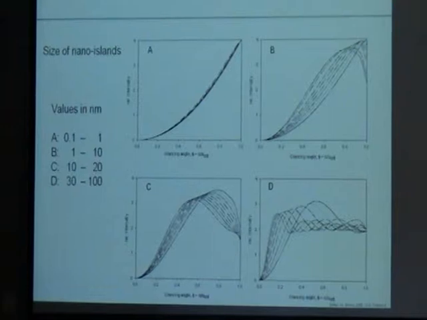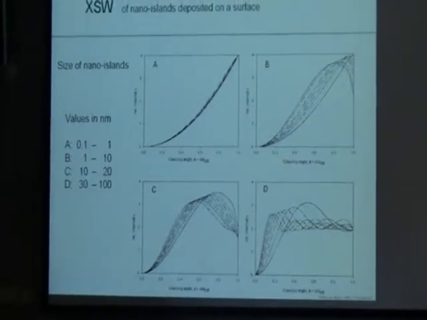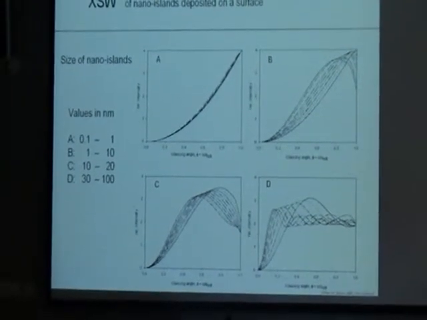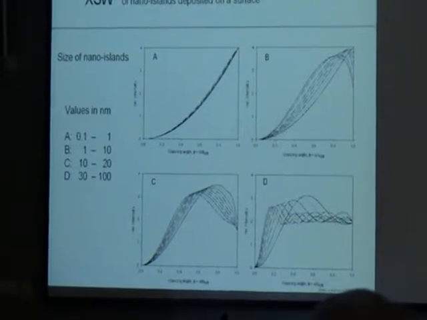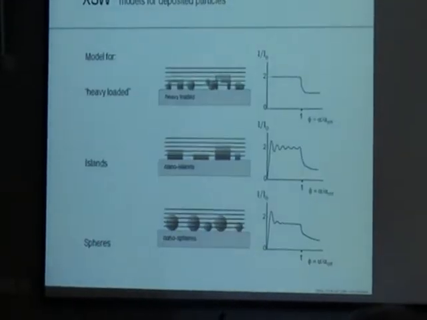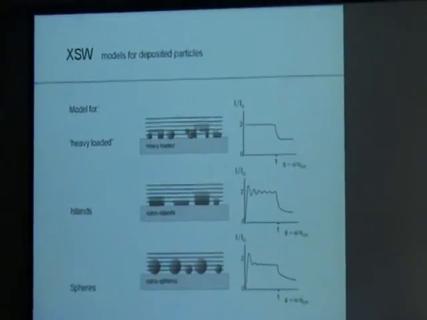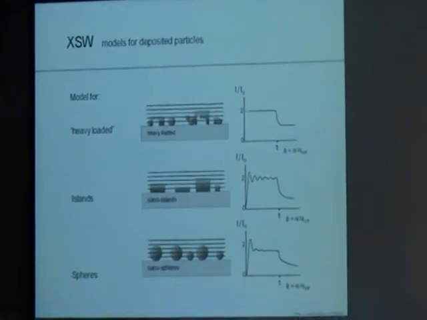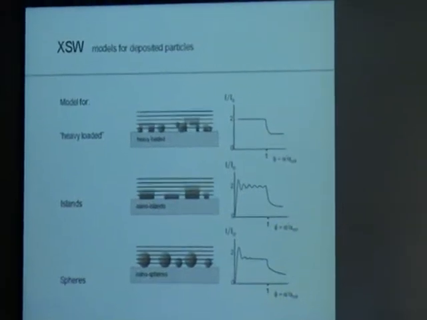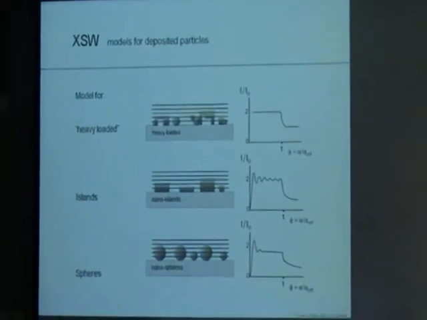When we look at the form of this, in the case of some nano islands, we have the form of this type, or if we have only one size, one type of element here or here.